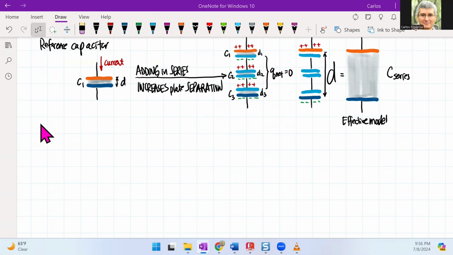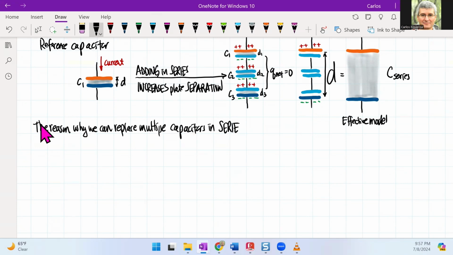So if I say this again, the reason why we can replace multiple capacitors in series is due to the geometry.